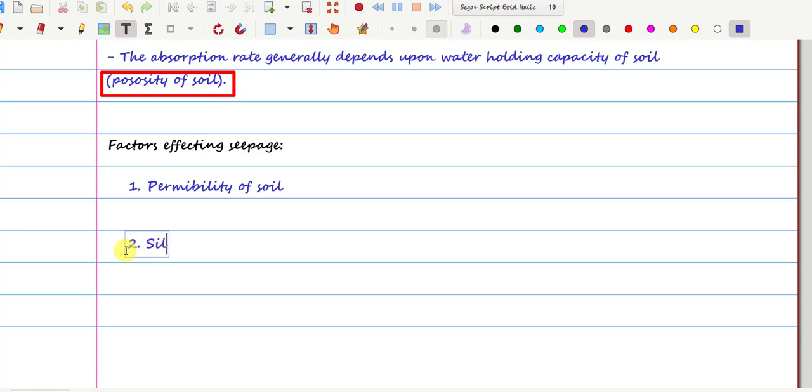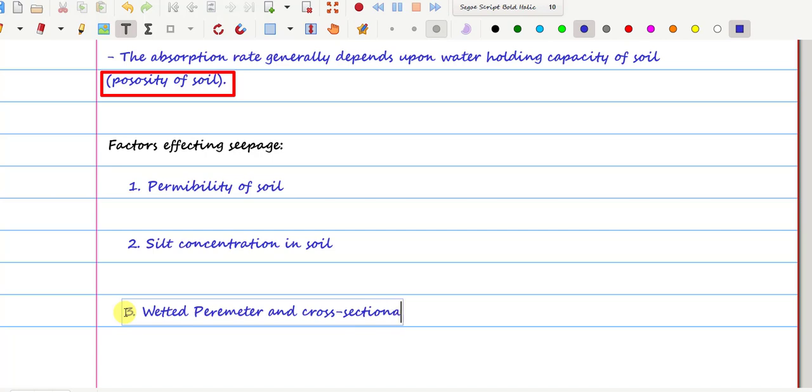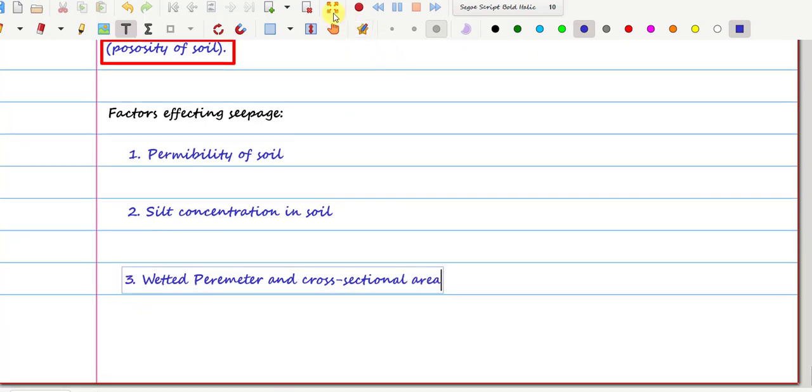Second factor is silt concentration in the soil. Third factor is wetted perimeter and cross-sectional area of the canal. Okay.